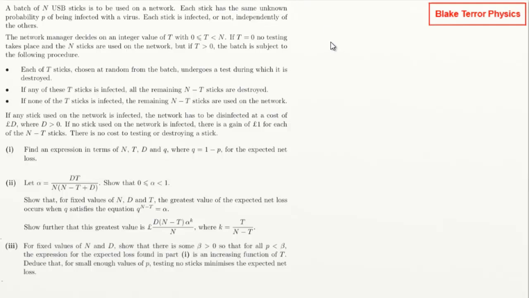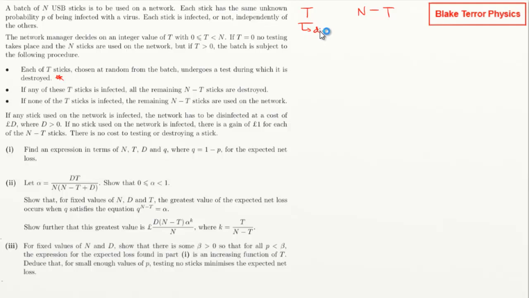So we've started with N sticks, and they've all got a probability P of having a virus. Then we're splitting that into T sticks and N minus T sticks. And then we'll test these. They said all of these get destroyed, didn't they? Yeah, all of these are destroyed.